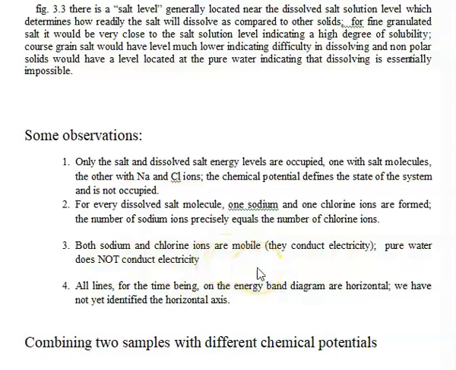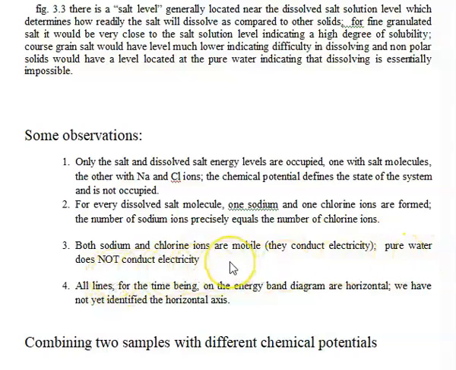They conduct electricity. It is not particularly well known, but it is true that pure water, and I mean pure, I mean no dissolved salts at all, does not conduct electricity. And in the semiconductor laboratory or fabrication plant, we have to be very, very careful to make sure our water is pure and does not conduct electricity.